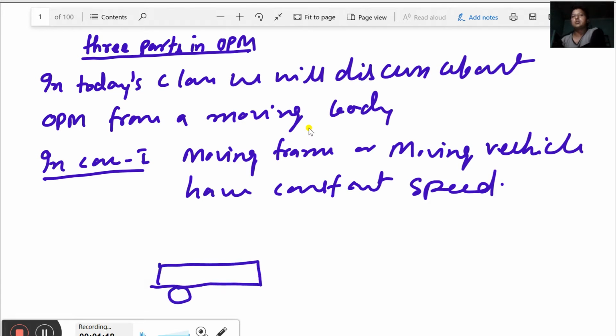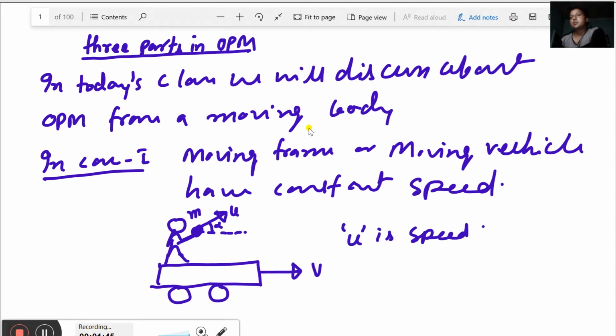Simply we take a trolley that is moving with a constant speed v. A man throws a ball of mass m at an angle alpha with a speed u. U is a speed with respect to the moving trolley.